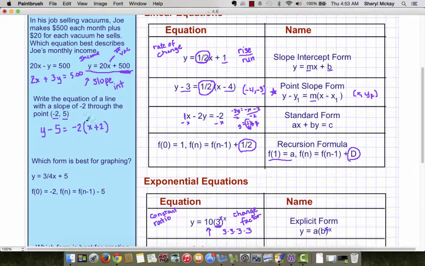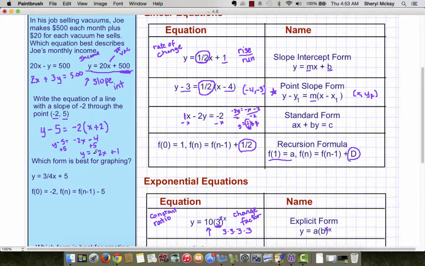I can just quickly now say this becomes y minus 5 equals -2x minus 4, add 5, and I get y equals -2x plus 1. And there's the equation in slope-intercept form.